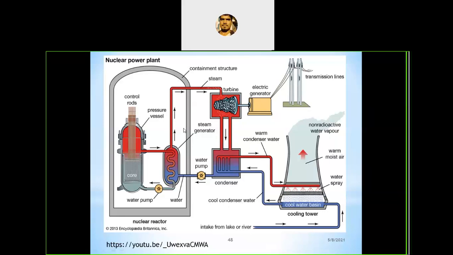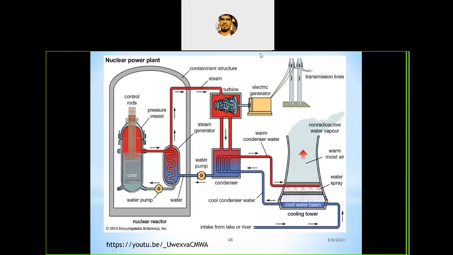So that is one method. Another method is called fusion. The first one, fission, means splitting. Fusion means joining. In nuclear fusion, the energy is released by joining very light atoms, and it involves the fusing of heavy isotopes of hydrogen.